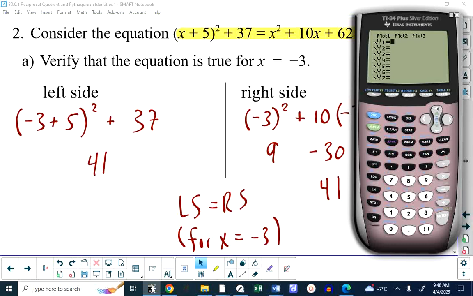I'm going to put in for y1 the left side, and for y2, I'm going to put in the right side. And I'm going to set up my table to be on ask. I'm going to double check to make sure I've entered things correctly, and it looks okay.